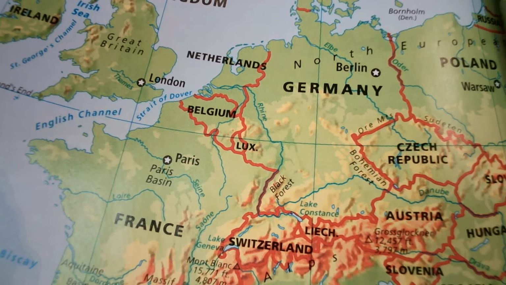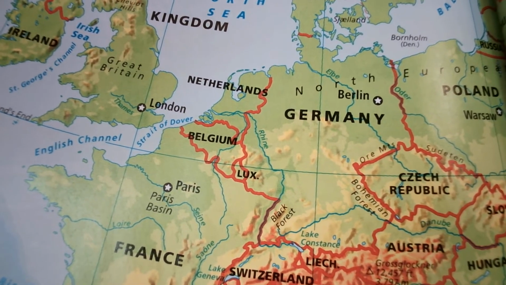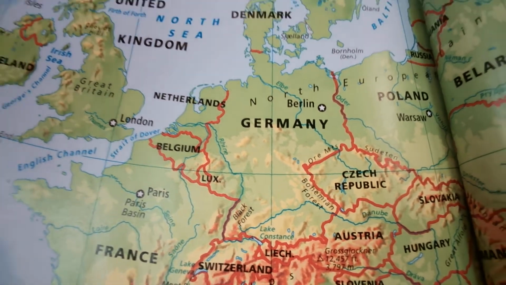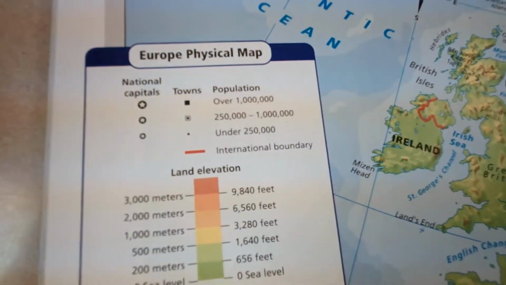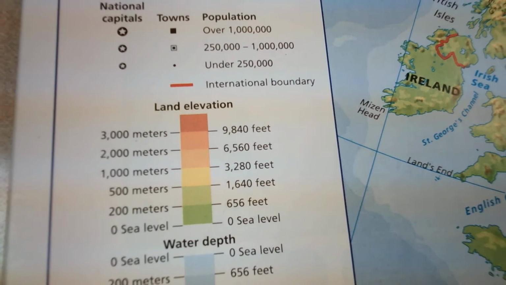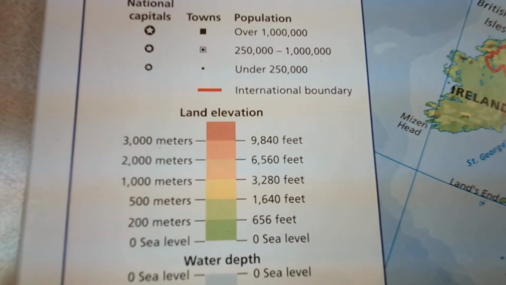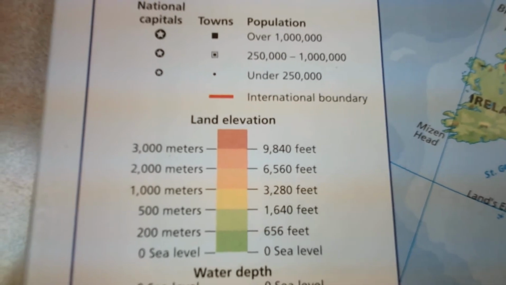Now, if you're not sure about this coloration, what should you have done first before looking at this map? Oh, the map key. And look here. If it's green, it's pretty much flat, at sea level. But as the green gets lighter, you're going up higher.